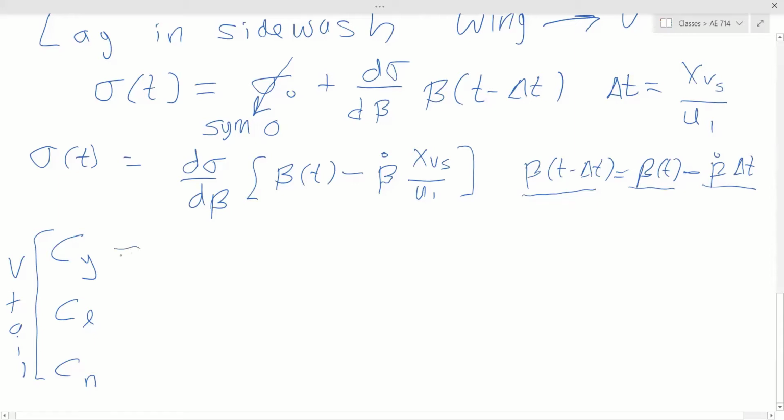With the side force of the vertical tail, it's the lift curve slope times the angle of attack. Then this is the sideways angle of attack, so it's beta reduced by sigma.